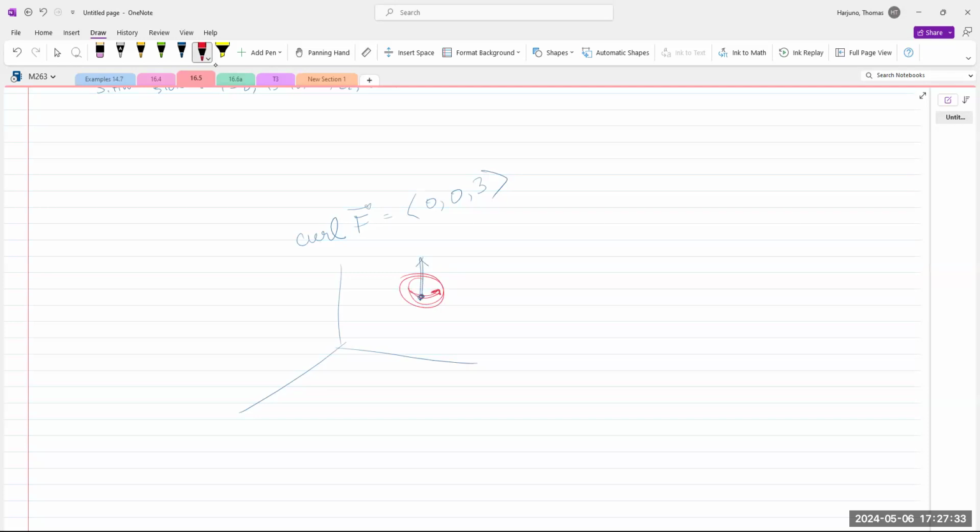Compared to (0, 0, 1), it means this sphere is rotating 3 times faster with the same axis of rotation. So the curl of F tells us the axis of the rotation of the ball, the sphere there.